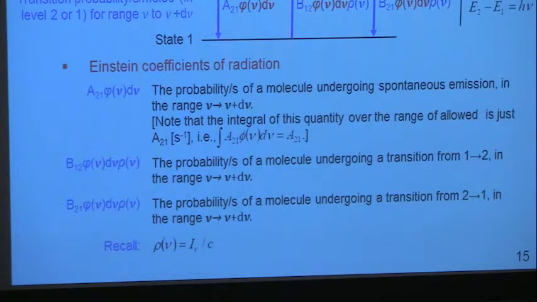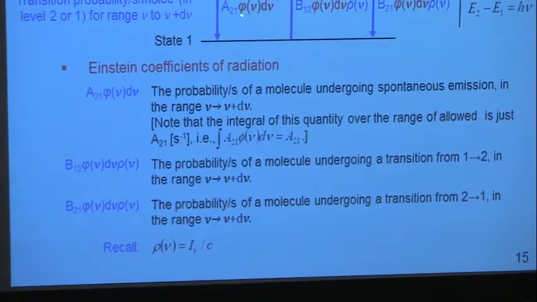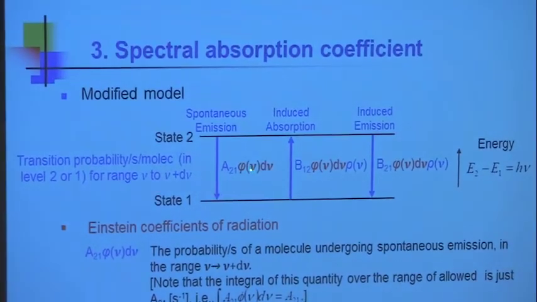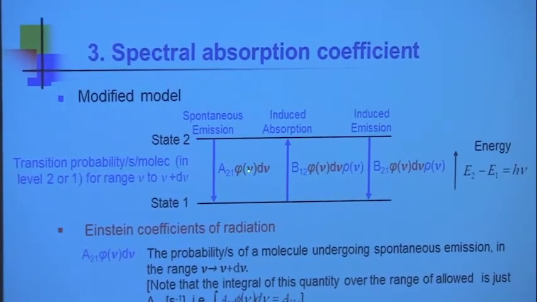So here we are. We're back to the Einstein theory. And if we had now represented this as a shape factor, instead of the Milne term, I now have a variable probability that depends upon frequency. So before we had a constant here.